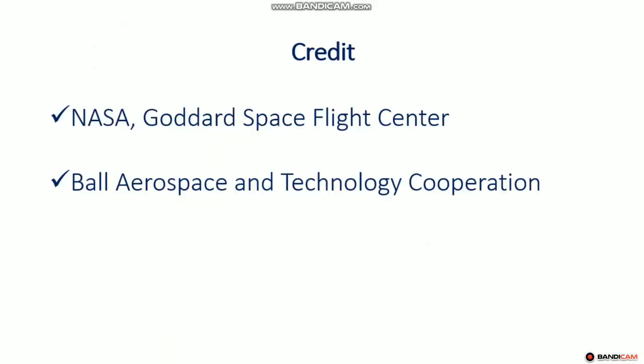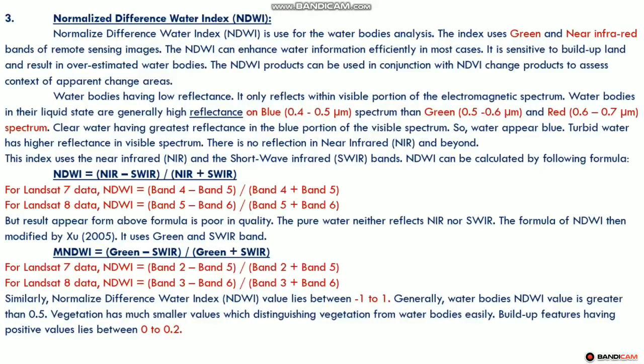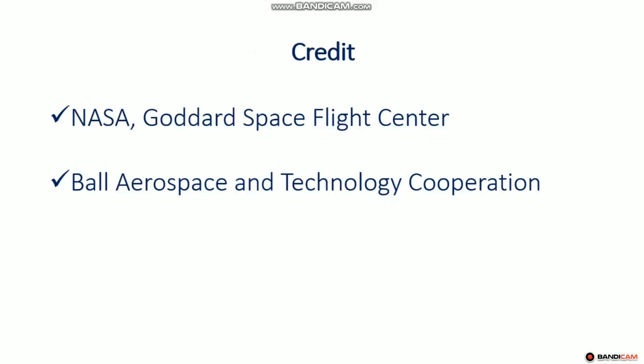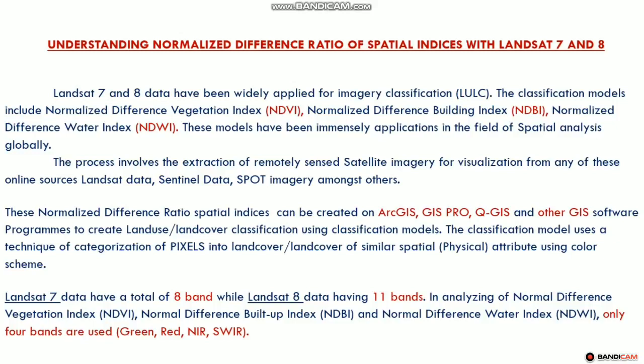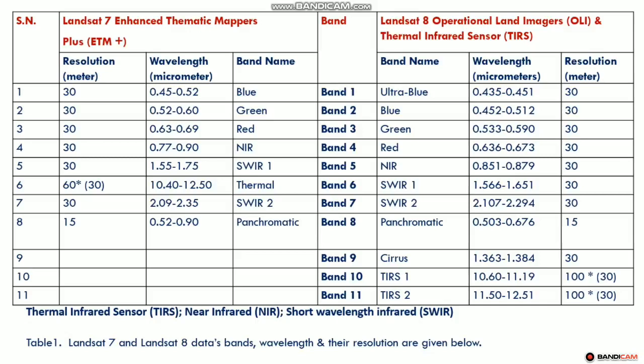So that will be a little introduction, or understanding, about the normalized difference ratio for spatial indices, what we use to classify using Landsat 7 and Landsat 8 data strictly. And this table here gives us a breakdown of the types of wavelength we have, their electromagnetic wave in the spectrum in micrometers, and also the resolution of the imagery.